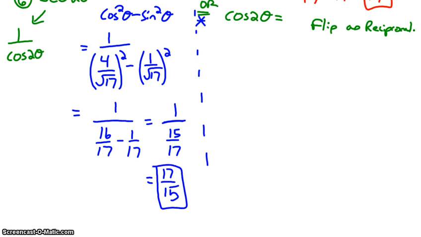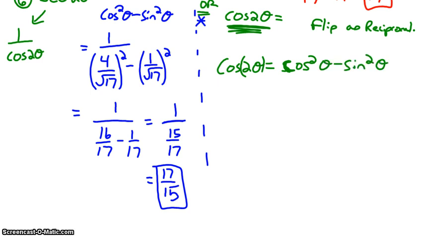Now had I chosen to do the same thing over here and then flip it, I would have cosine 2 theta equals cosine squared theta minus sine squared theta.